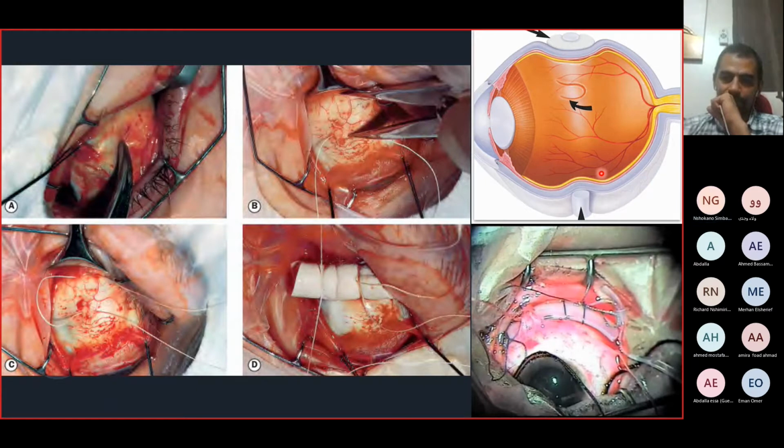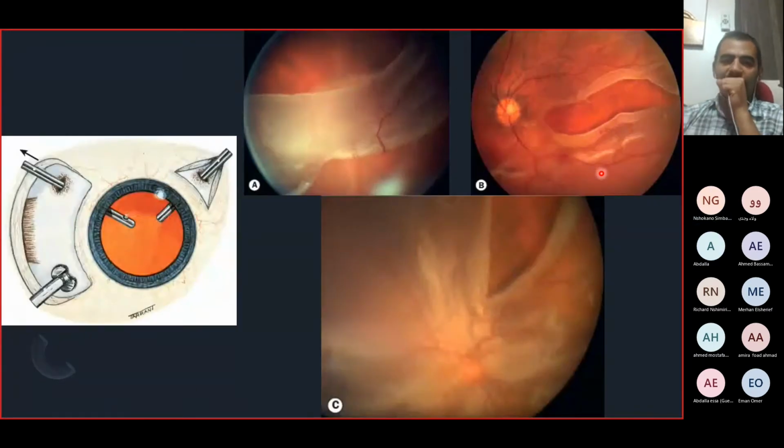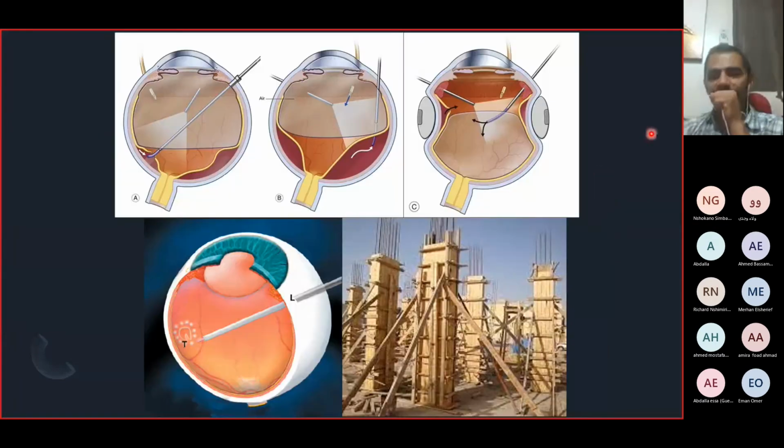Okay, so the idea of the vitrectomy is to remove the vitreous first, and then go inside and remove the subretinal fluid from within the eye. You don't do a sclerotomy like we did in scleral buckle surgery, but you remove it either through aspiration through the break or through what we call a posterior drainage retinotomy.